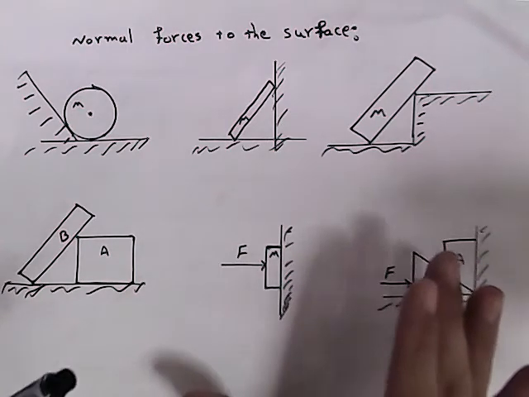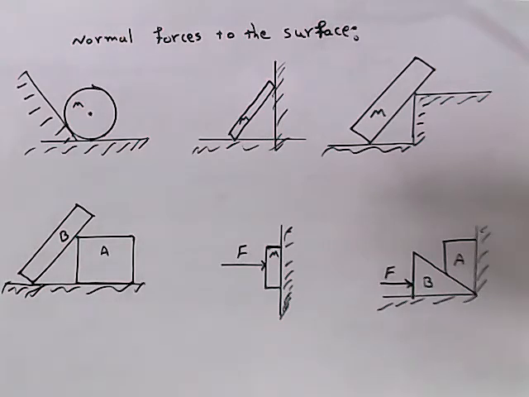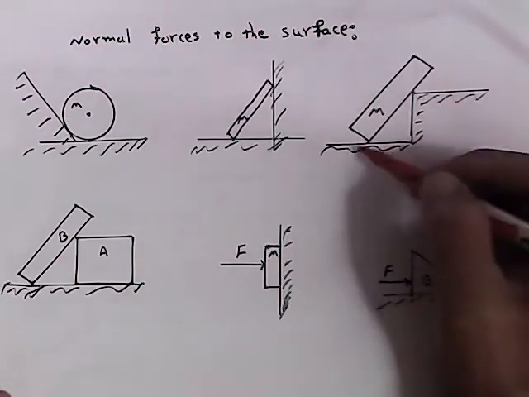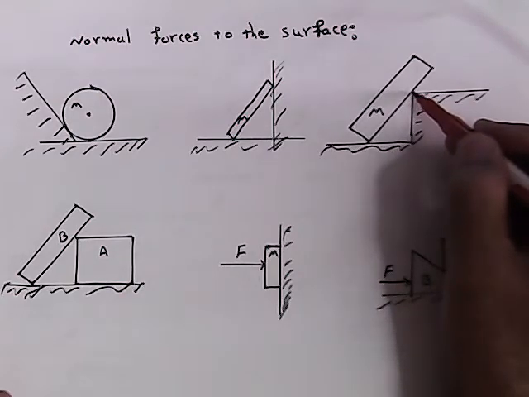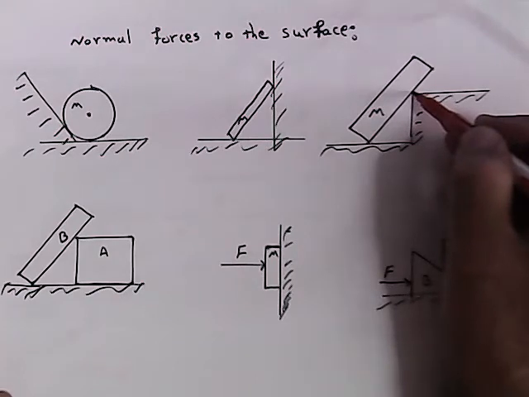One of the important things is that the normal force to the surface is always at the point of contact, toward the system, from the surface toward the system, and normal to the surface. So at the point of contact, I draw this in red, and in this case this is my system. So let's say at the point of contact here, and then normal to the surface toward the system.